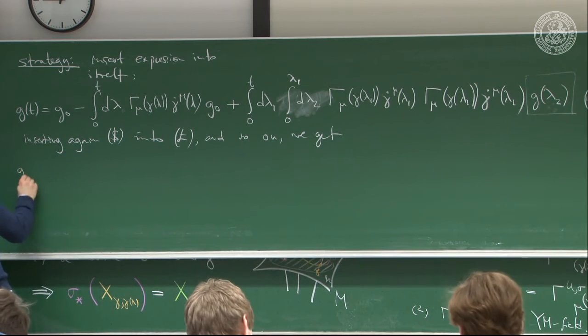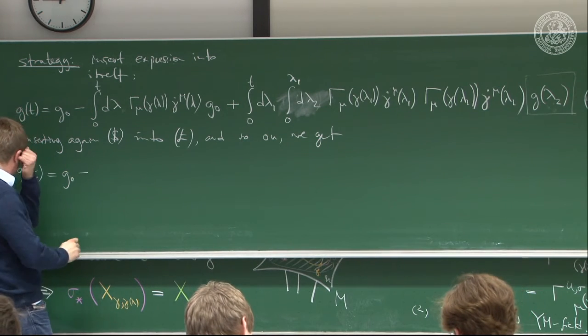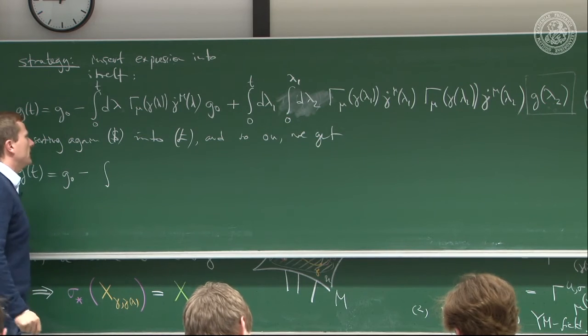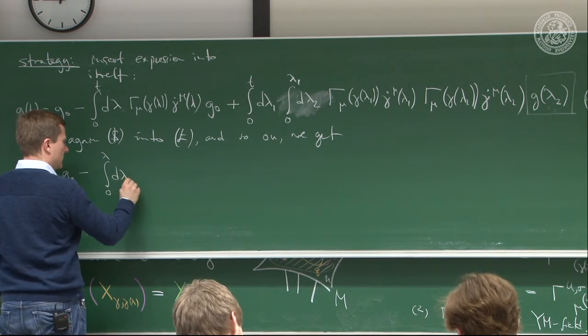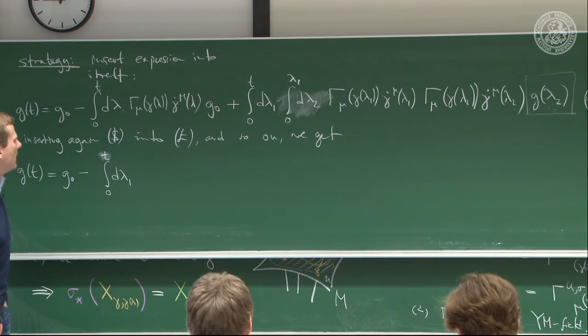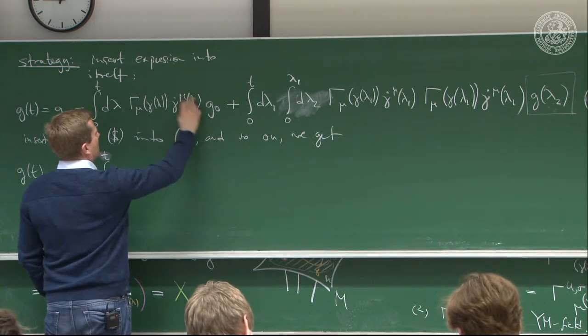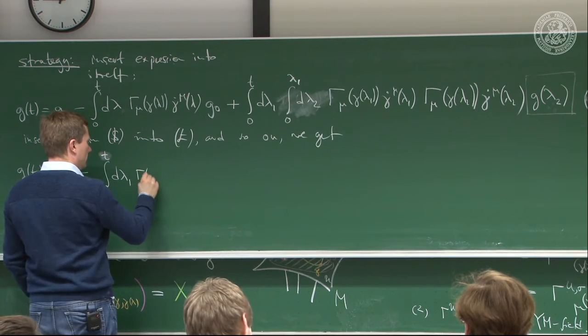Well, that is g0 minus, now we get here a simple integral, right, from 0 to lambda d, let me call it d lambda 1, or 0 to t, d lambda 1, and, well, let me call this entire thing here gamma of lambda.